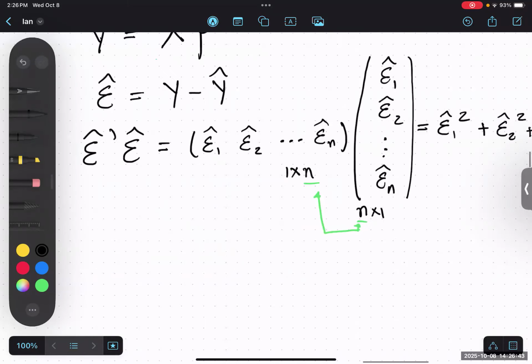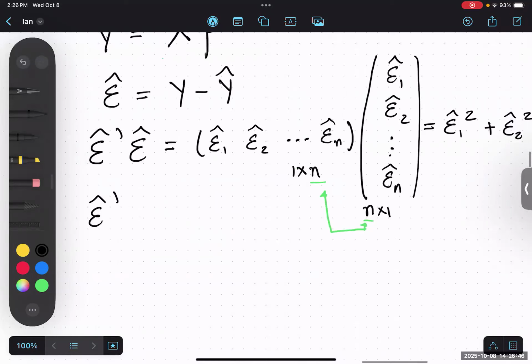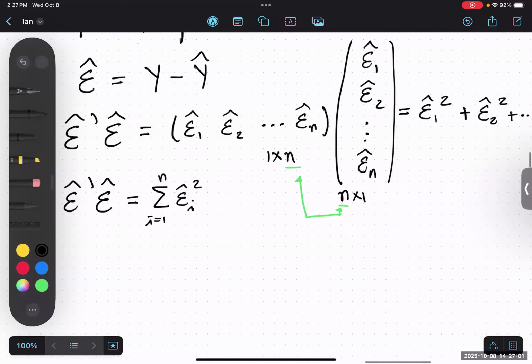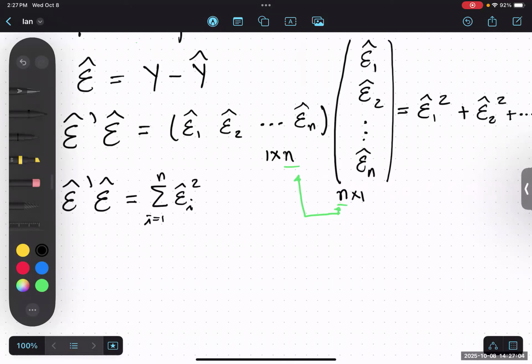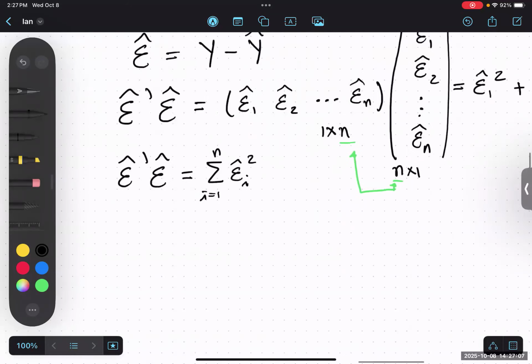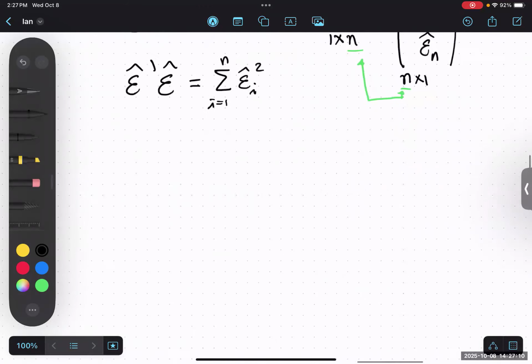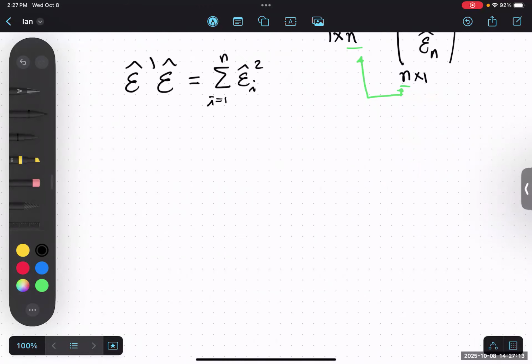In other words, this product of epsilon hat transpose and epsilon hat is the sum from 1 to n of the epsilon hat squares, just as we saw before. So you will obtain the same. There is no difference. And that's, at the end of the day, your objective function, which is the one that you would like to minimize. You would like to minimize this objective function by choosing beta hat.